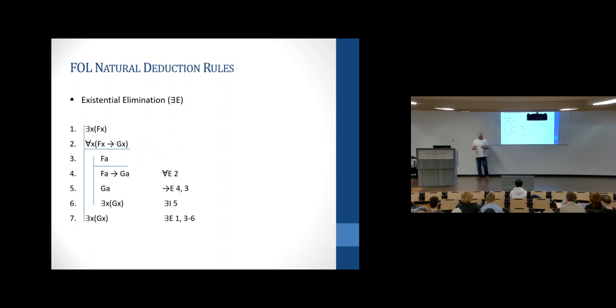This highlights something that you'll do a lot. Weirdly, most of the time, when you existentially eliminate, you will end up with another existential. Because you always have to, at the end of the subproof, get rid of a name. And the easiest way to get rid of a name is to replace it with an existentially quantified variable. So this last move in the subproof will happen a lot.